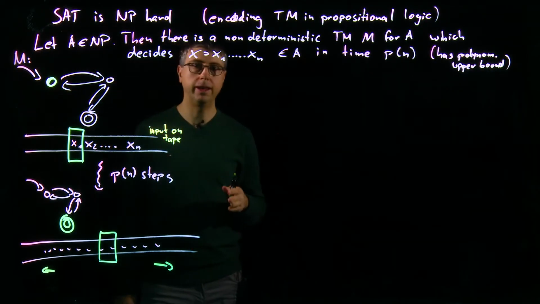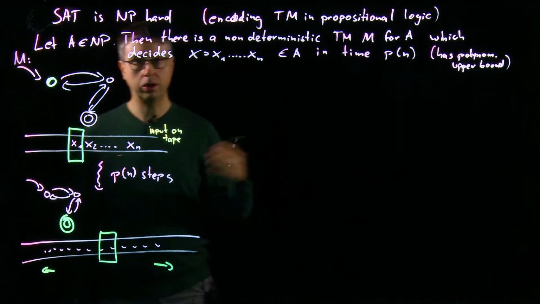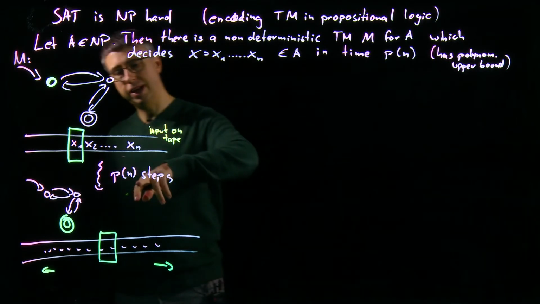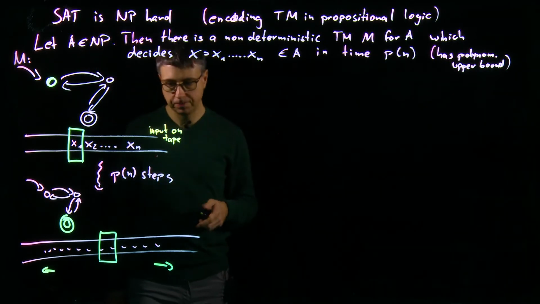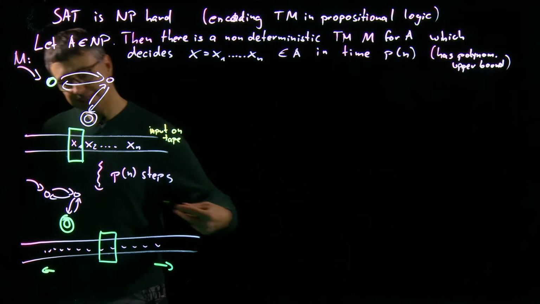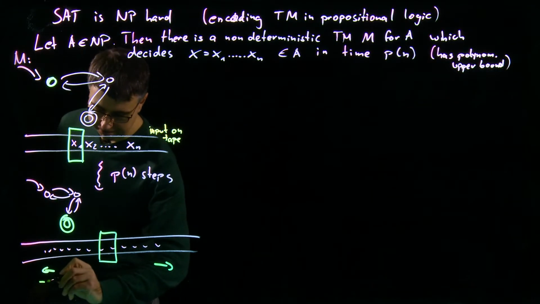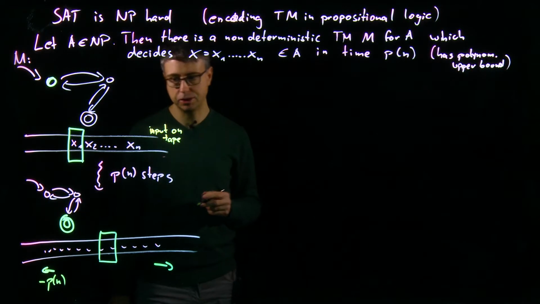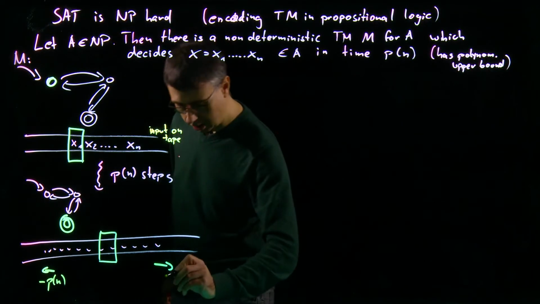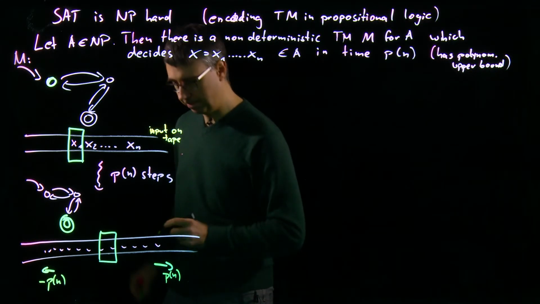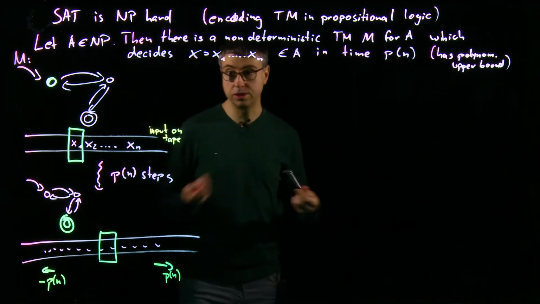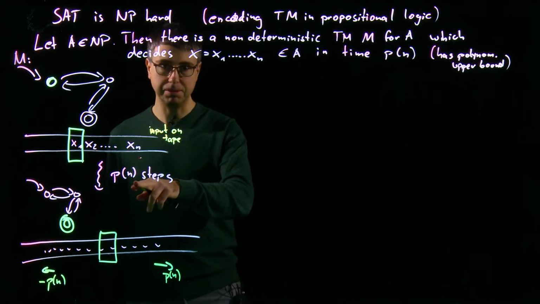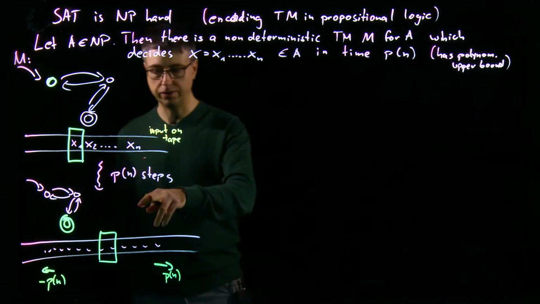To move the head one step to the right or one step to the left, it takes one computational step. So if we have P of n steps in total, this means that the only cells that are reachable to the left are at most P of n steps to the left and at most P of n steps to the right. It's impossible to visit or to scan more cells on the tape because we only have P of n steps for the computation of the Turing machine.